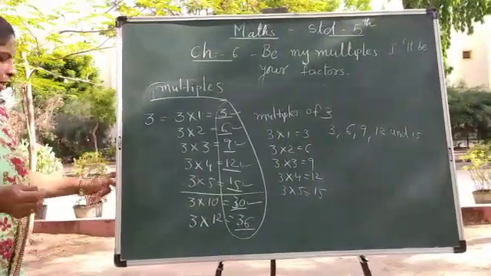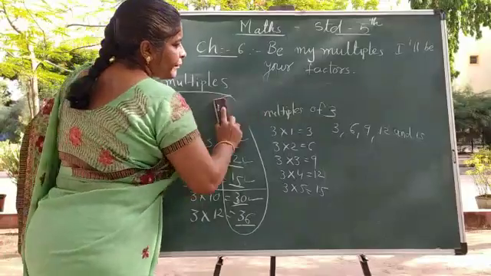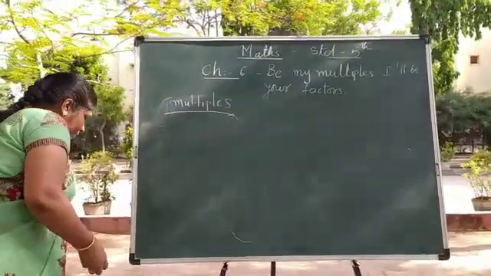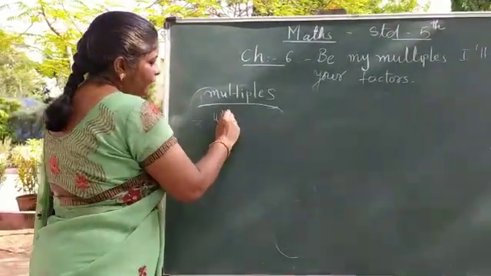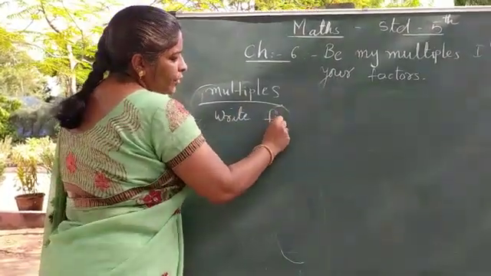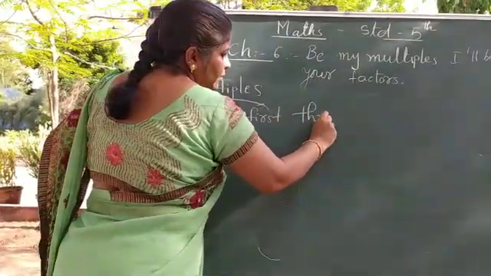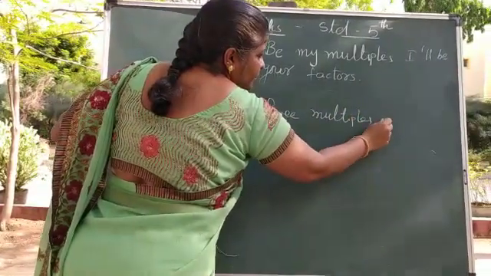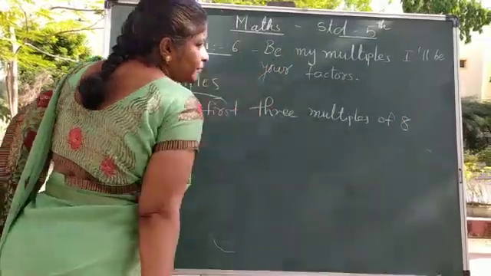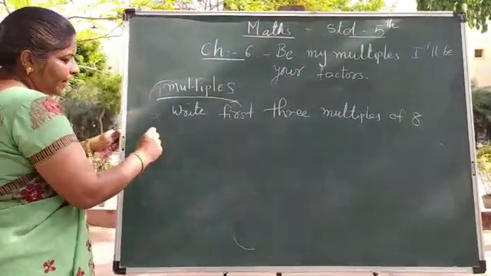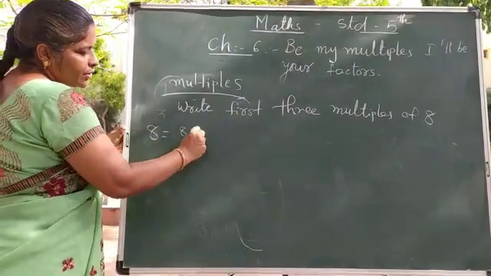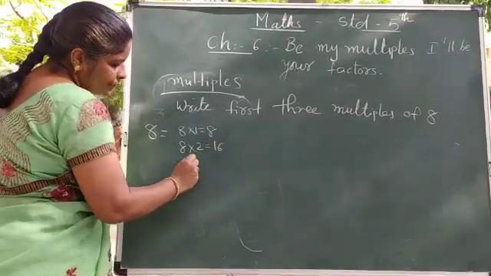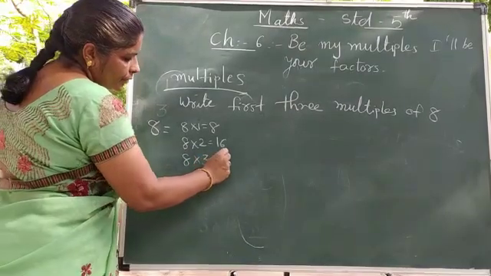If it is asked to write the first 3 multiples of 8, then write the table of 8. 8 ones are 8, 8 twos are 16, 8 threes are 24.